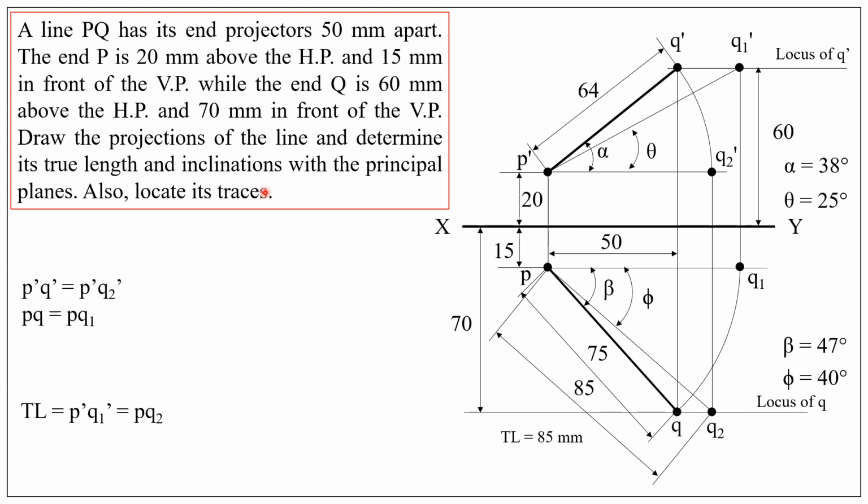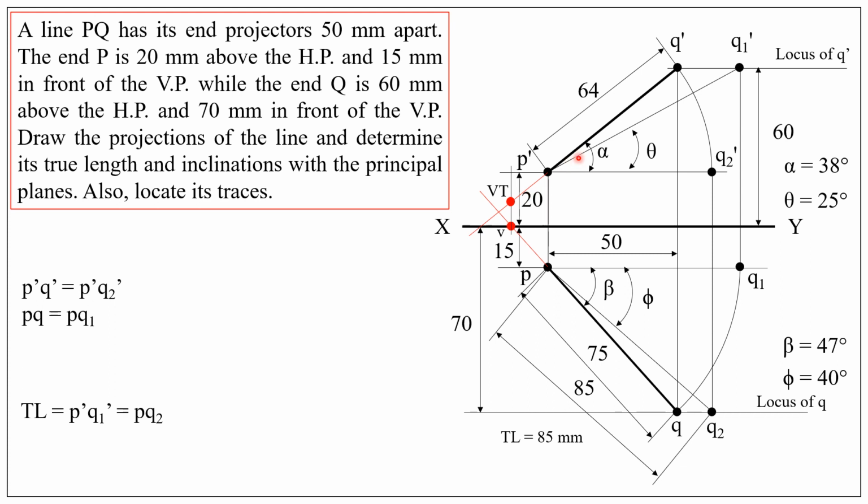We will first locate the vertical trace. For that, extend the top view PQ and the intersection of the extension with the XY line is point V, and from V draw a perpendicular. Now we extend the front view P dash Q dash. The extension of P dash Q dash intersects the vertical from V at the vertical trace. So this is our vertical trace.